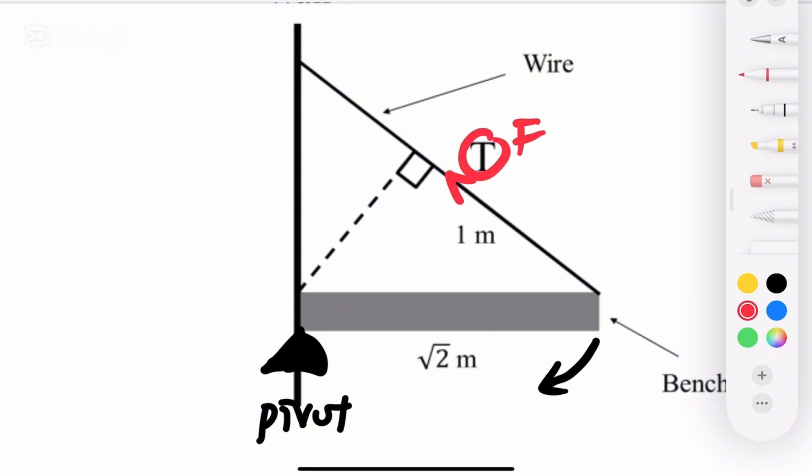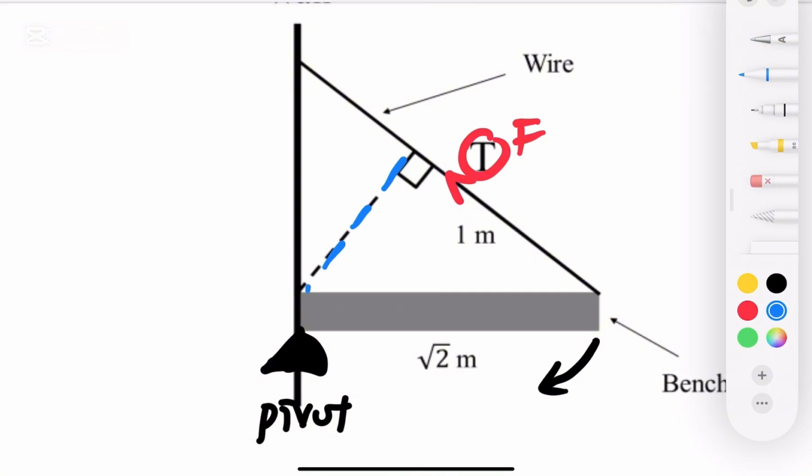So you have the pivot, you have the force, and the next job, of course, is to find the perpendicular distance. So you have 1 meter here, and you have square root 2 over here. This is when Pythagoras theorem will come in, because you would identify the perpendicular distance to be this one.